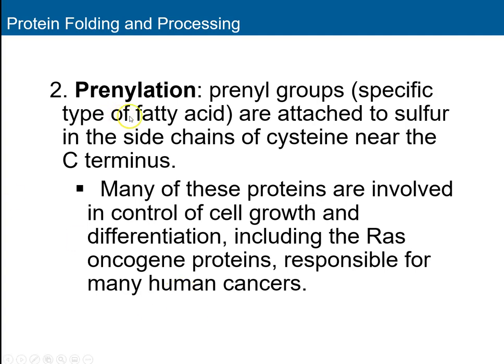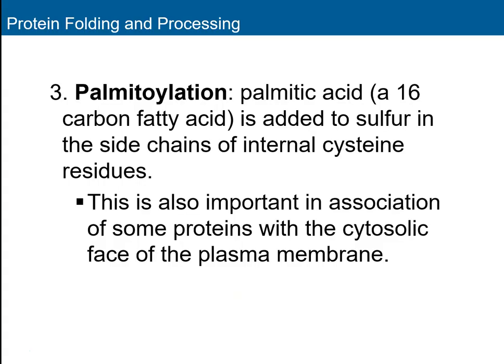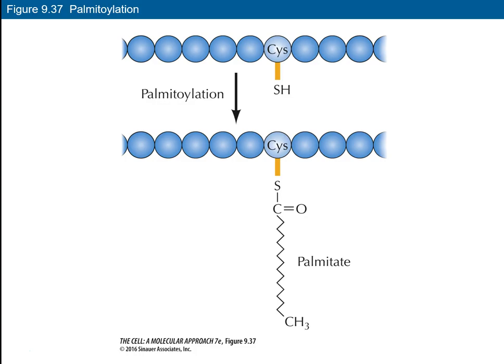The reason we're talking about these groups is that they have specific functions. Proteins with prenyl groups are involved in the control of cell growth and differentiation. Some can actually be responsible for human cancers. Another type, palmitic acid, a 16-carbon fatty acid, can be added, and this has to do with the association of those proteins with the cytosolic face of the plasma membrane.